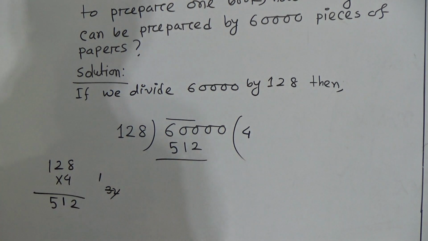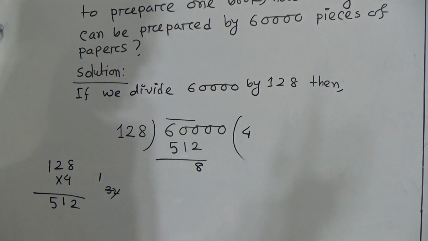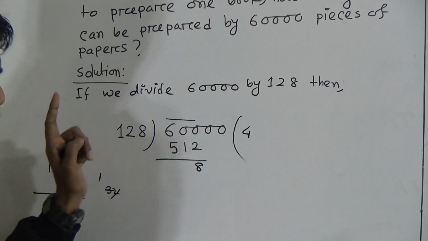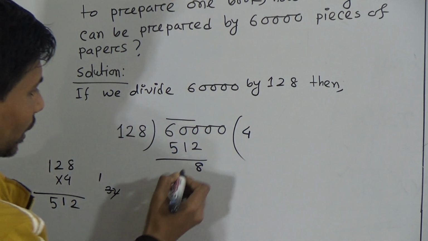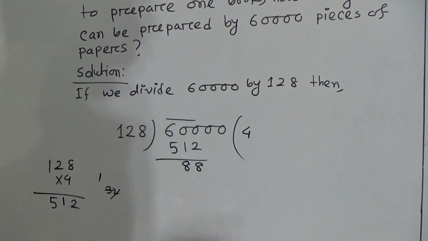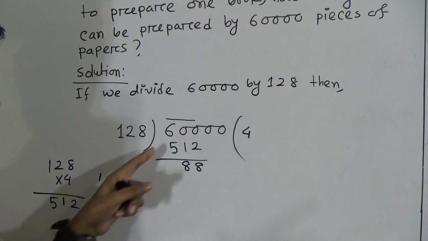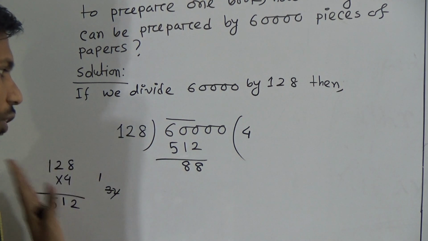Now we have to subtract. 0 means 10, 10 minus 2 equal to 8. And in your hand is 1. 1 plus 1, 2. Now subtract 2 from 0, that means 10, 10 minus 2 equal to 8. As you consider 0 as 10, you have 1 in your hand. 1 plus 5, 6. Now 6 minus 6 equal to 0. No need to write.